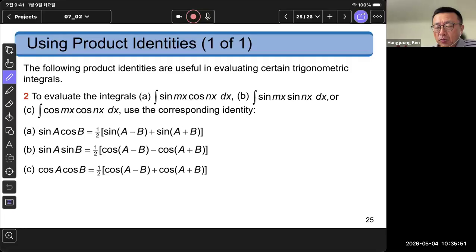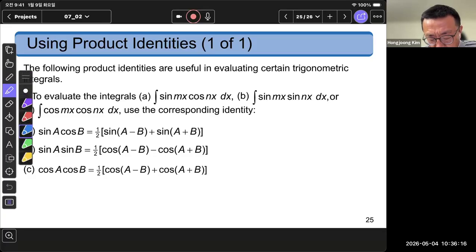Now, so far we considered integrands where you have a product of sine and cosine or tangent and secant, and the angles were always x. I mean, the angles were the same. Sometimes we need to integrate a product of sine and cosine where the angles are different.